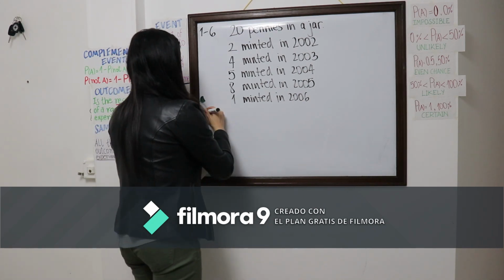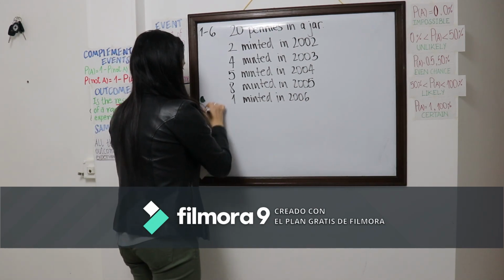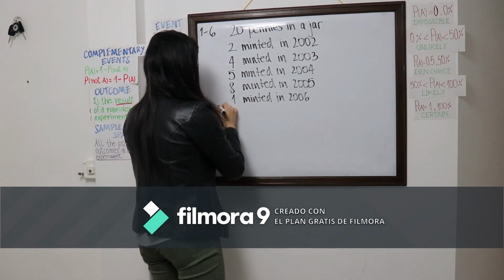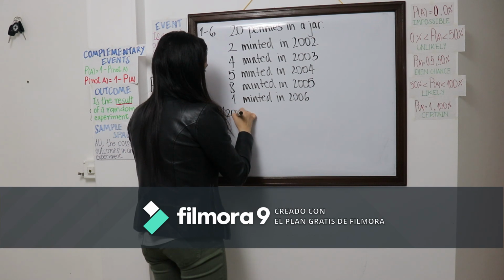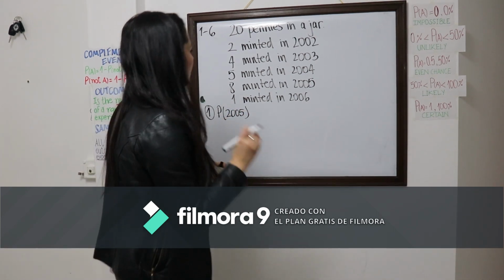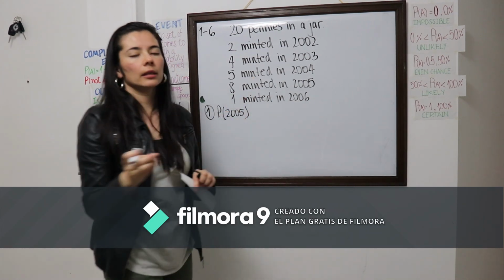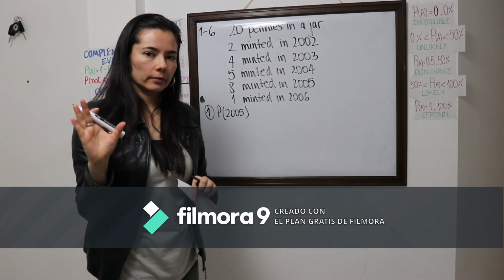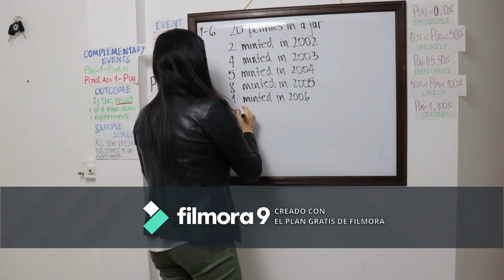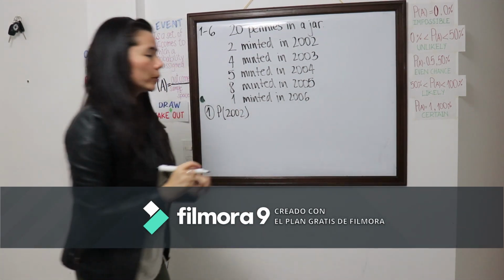Number one asks me to get the probability of those getting minted in 2002. Now, when I say minted, that pretty much means created in 2002. How do I do that?